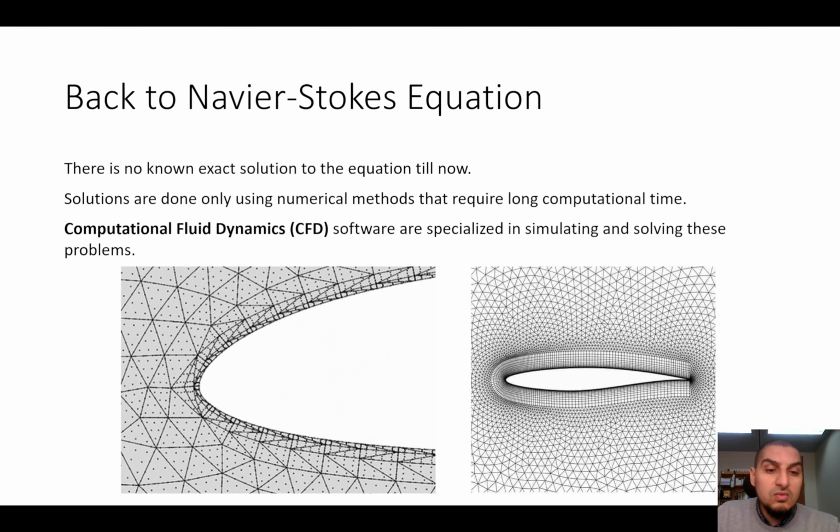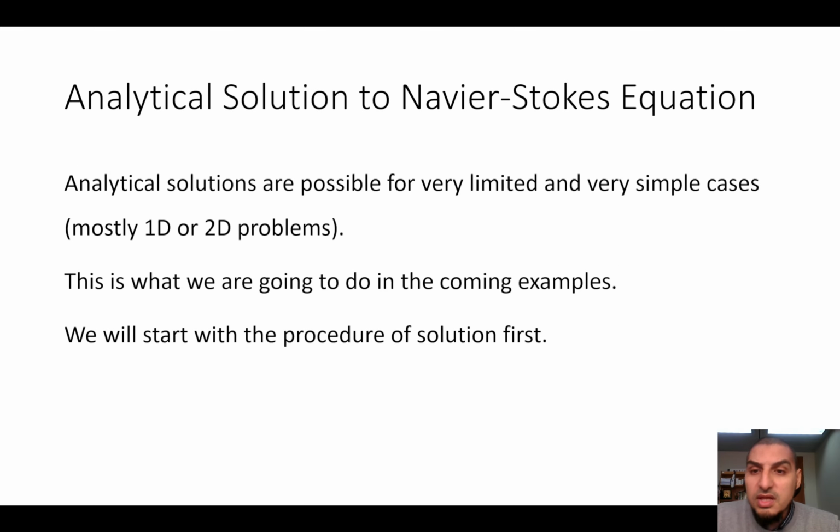Now, for what we're going to do in this chapter, we'll deal with very simplified cases of problems that we can solve using the Navier-Stokes equation. The problems will be simplified so that we can solve them analytically, and this is what we're going to do in the coming examples, and we will go through the procedure and how we will solve them.